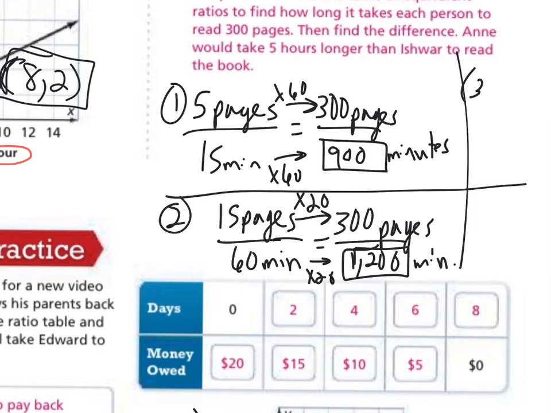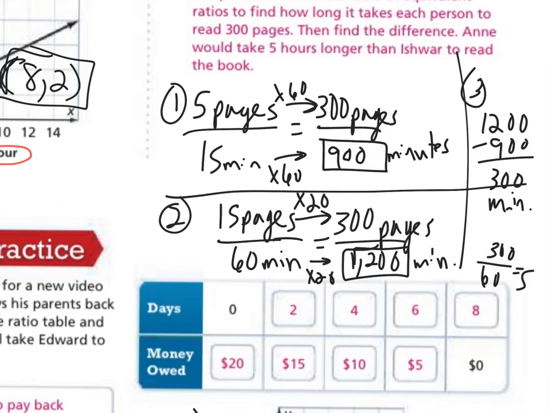And then from there, we could just subtract those. So that'd be 300 minutes, which if you take 300 divided by 60, that would be 5 hours. And again, they didn't ask us technically to work that out, so an explanation is fine. If you worked it out, that's how it would come out.